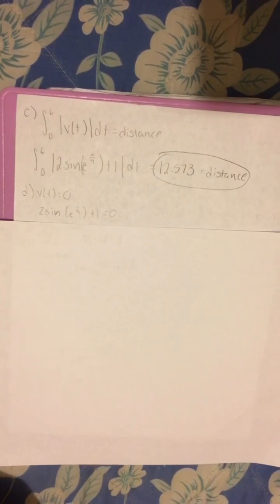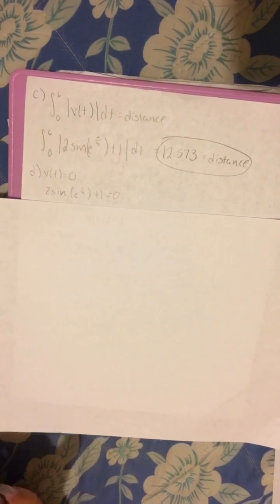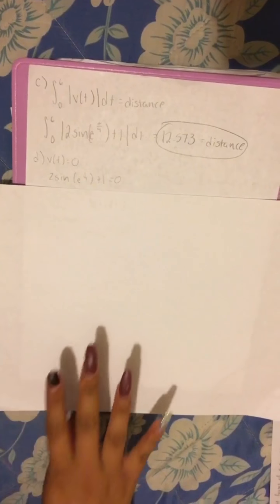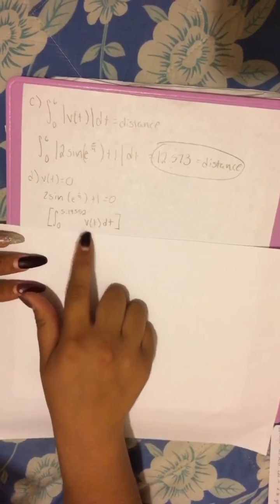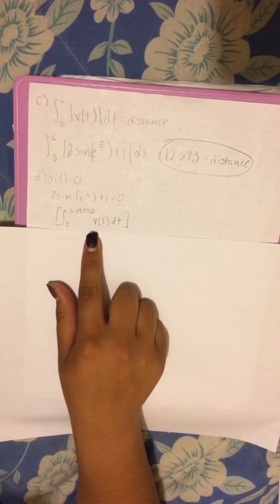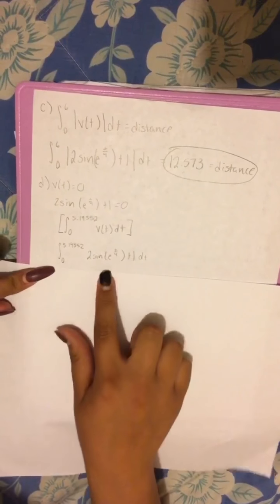To find the position of the particle, we must integrate to go from velocity to position. When we already graphed it, we got 5.552, and the function we're going to have to put in is this one. That's the function we're going to use to finally find the position. When we plug it in, it's going to look like this.